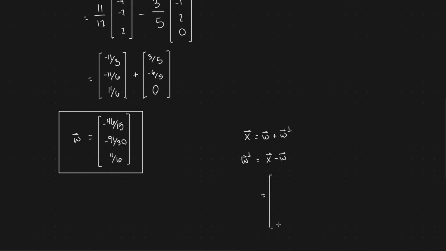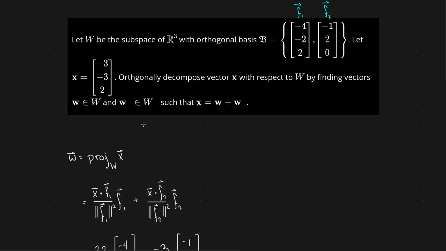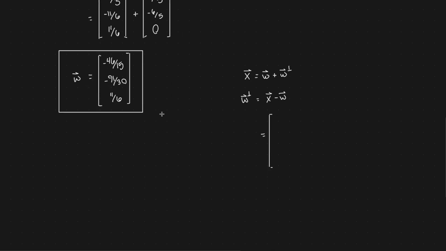Vector x, what was it? Negative 3, negative 3, 2. And I'm going to subtract vector w, which is (-46/15, -91/30, 11/6). So I'm going to need common denominators again. Negative 3 is negative 45/15.